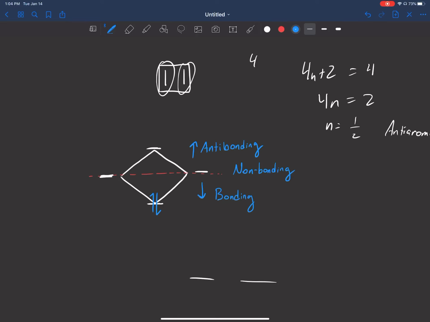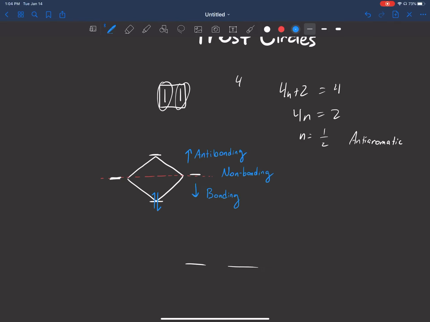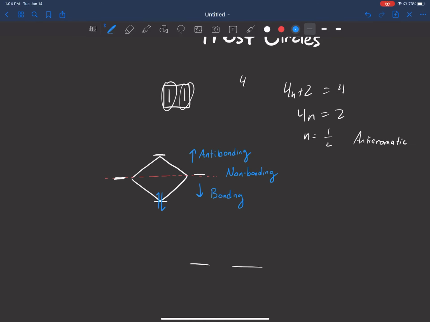All right. Now we go on to the non-bonding orbitals. Those are the next ones. And there's 2 here, and we have 2 electrons left. We already used 2. So I put 1, 2. Okay. You cannot do this. That's not allowed. Right? 1, 2.